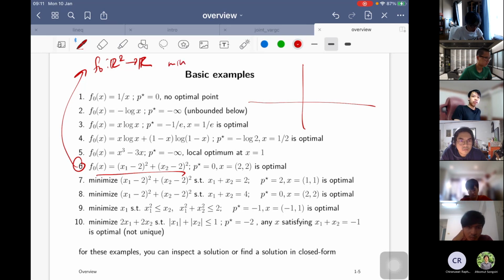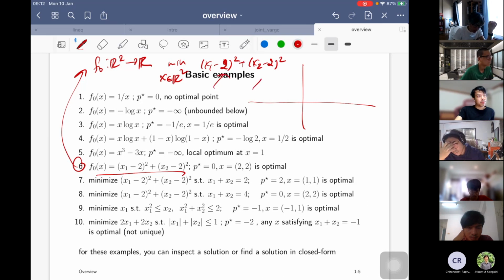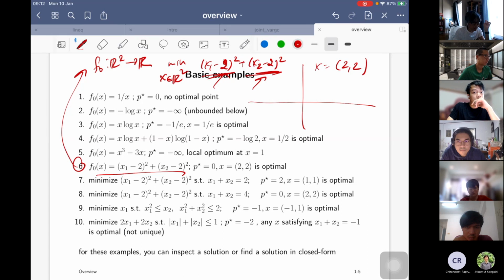What is the choice of x1 and x2 as a vector in R2 that makes this minimum? I think we can all inspect that, because this is a sum of non-negative terms. Of course, we can make both terms 0 by choosing x as 2, 2. Clear, right? The objective cannot be negative. So we conclude that p star, the optimal value, is 0 and x equals 2, 2 is optimal. Easy.